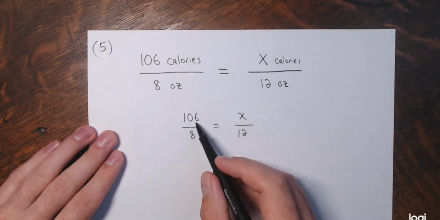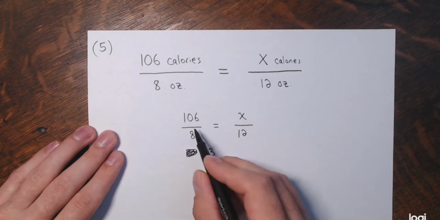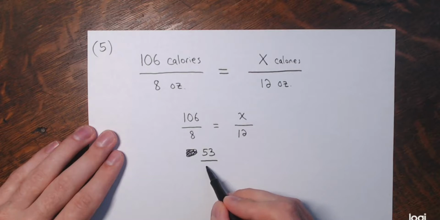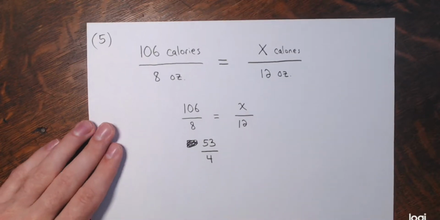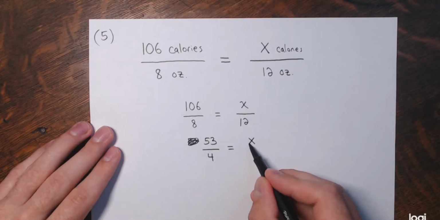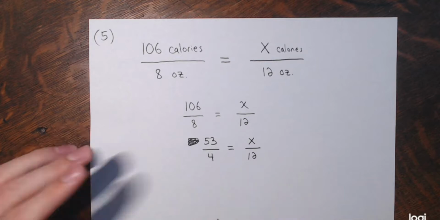Now this is just 53 over 4 on the left, right? 2 times 53 in the numerator, and denominator is 2 times 4. 2's will cancel. And that's as much as that reduces. And then we have x divided by 12 on the right. And the LCD would just be 12, right?